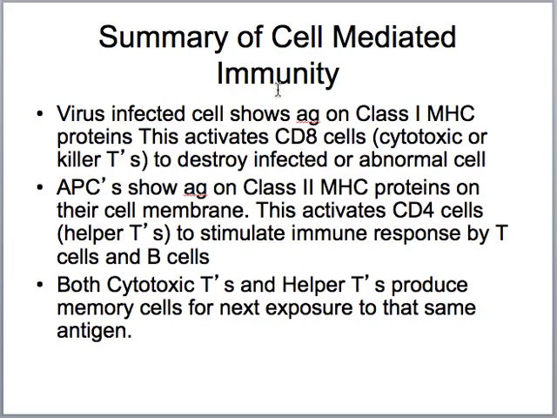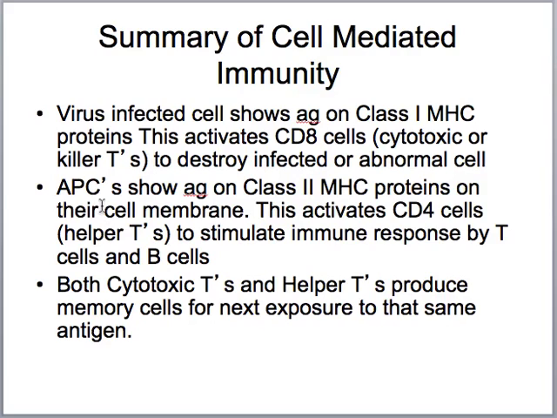So let's look then at this cell-mediated immunity summary. The virus-infected cell will show its antigen that has been taken in on a class 1 MHC protein. This will activate the CD8 cells, the cytotoxic or killer Ts, to destroy the infected cell.